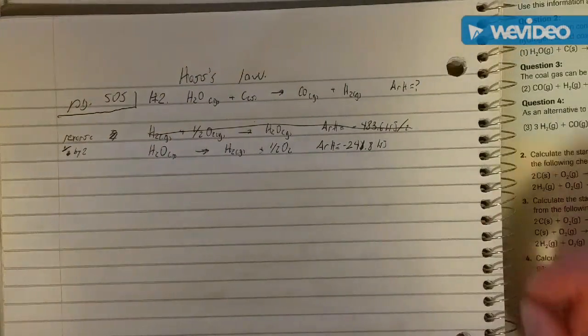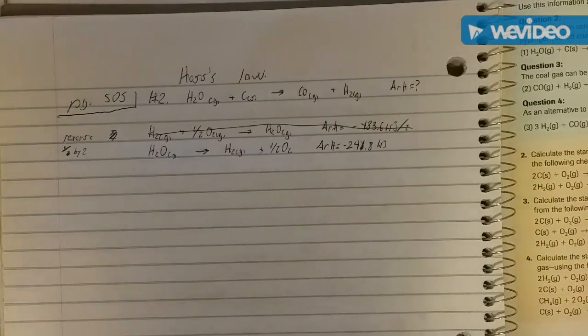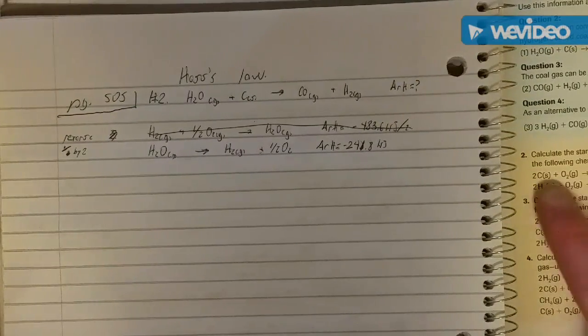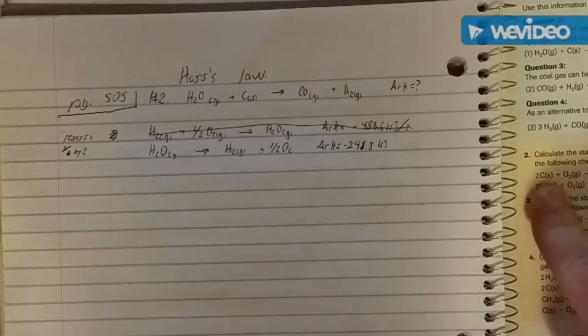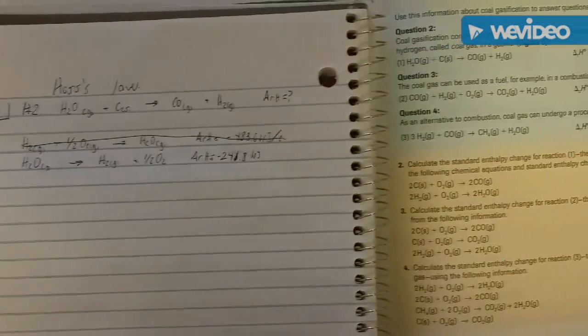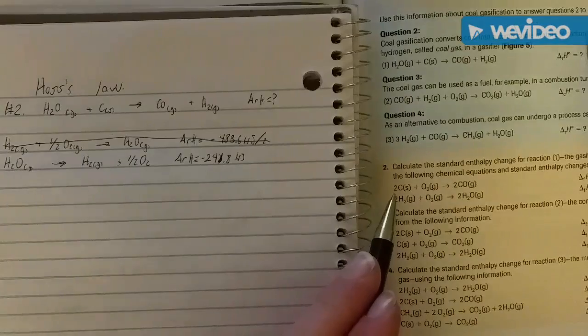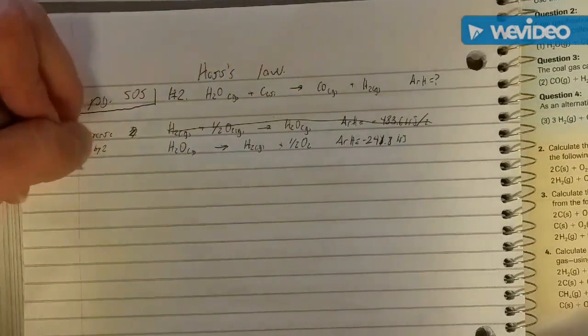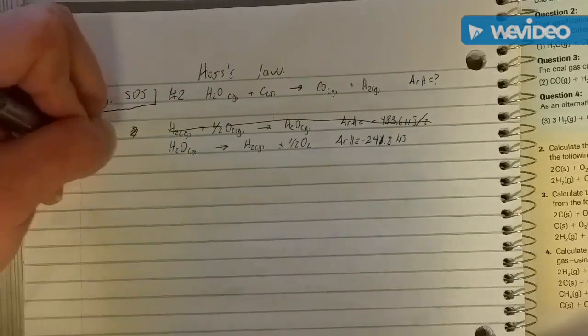For our second part, we have 2 formations. Somehow we have to get carbon on this side, and it's already there, but we only need 1 mole of it, whereas in this question we get 2 moles. So we'd have to, once again, divide by 2.